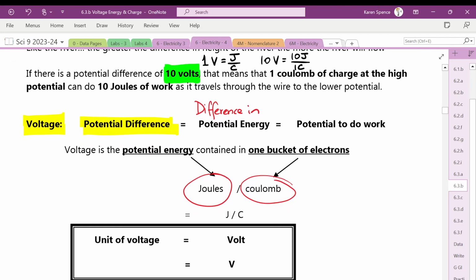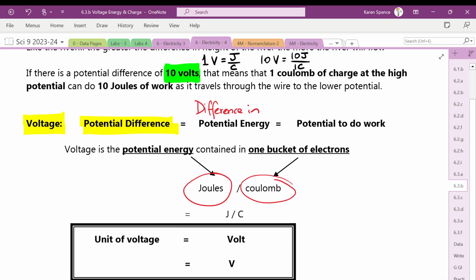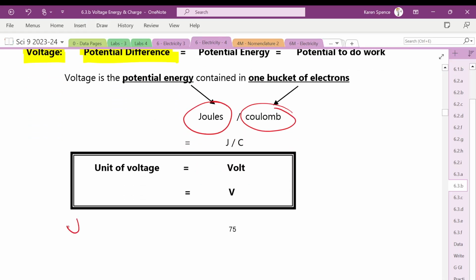Could you remind me, what do joules measure? What quantity do joules measure? Joules are the unit of something. Good guess.